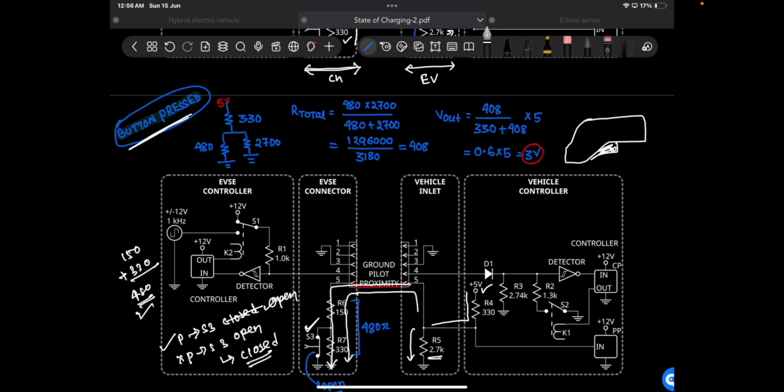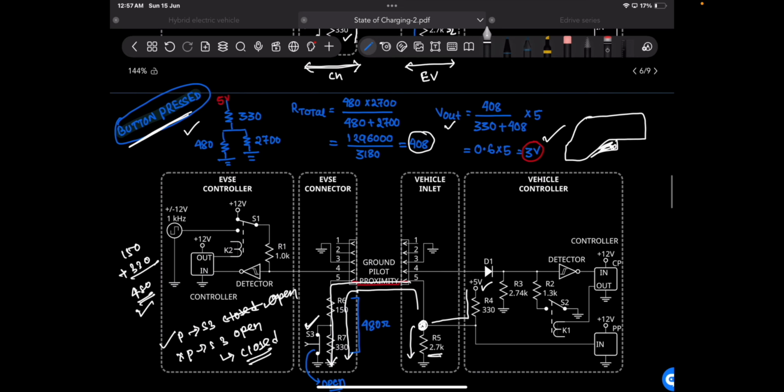If you redraw the same circuit over here, the current is flowing through this circuit, and when you calculate the total resistance, it is around 408 ohms. The voltage that will be read at this point will be 3 volt. Here the button is being pressed and you are getting a 3 volt reading.